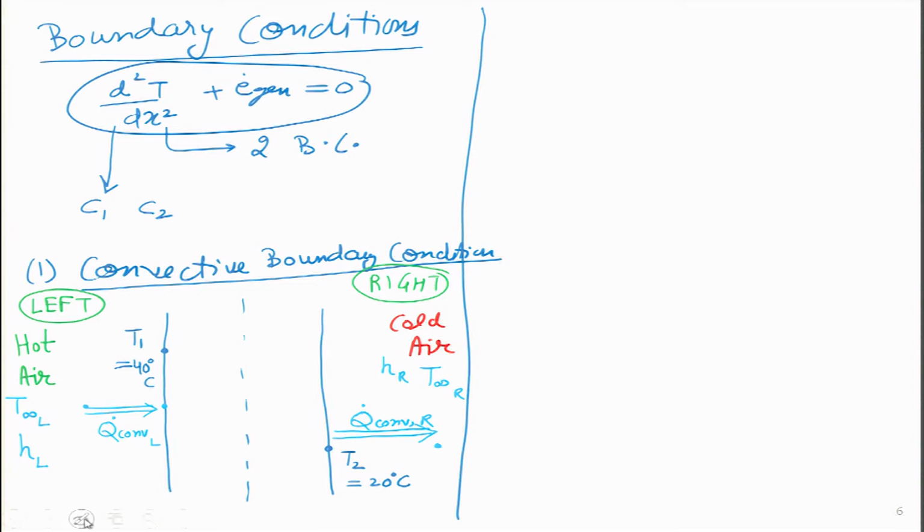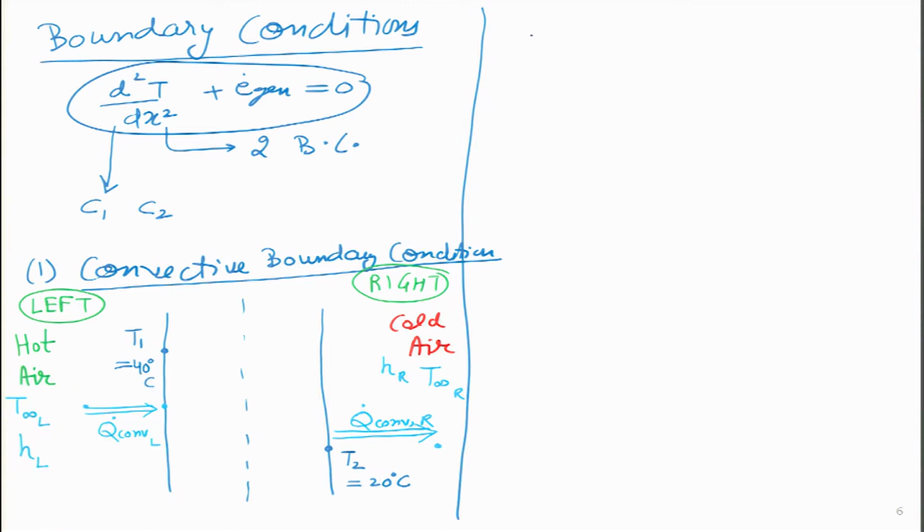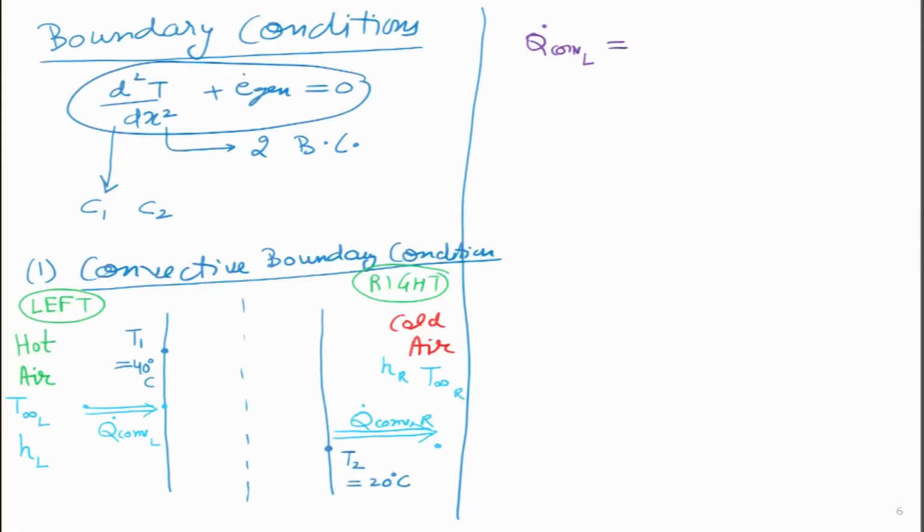And let me write the equations for convective heat transfer on the left side. Do you recall from our lecture number 1, we had written one convection equation. That was very simple to remember, H A delta T. So, in this particular case on the left side, H will be replaced by HL.